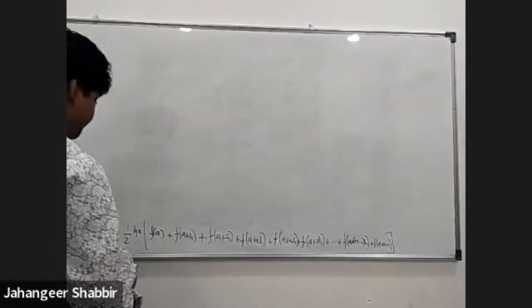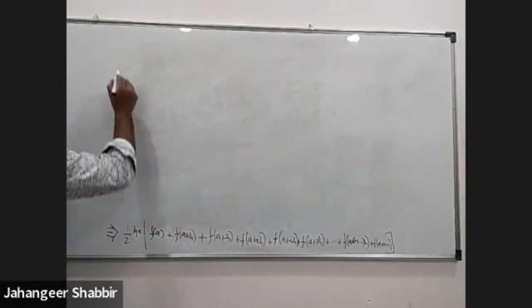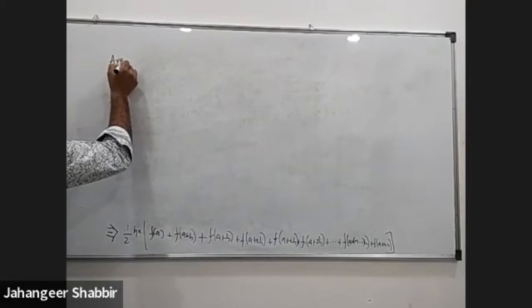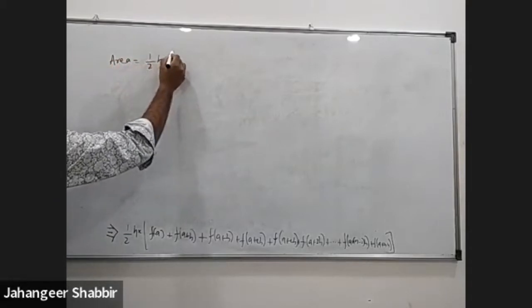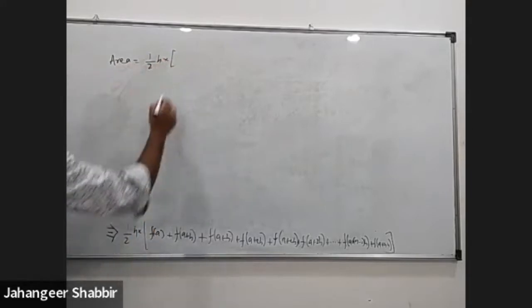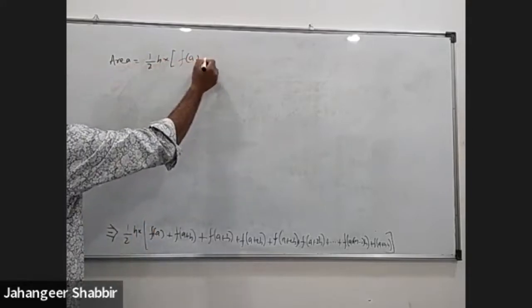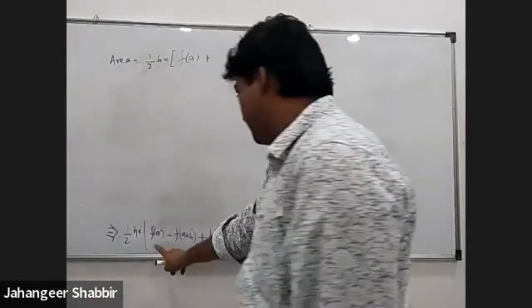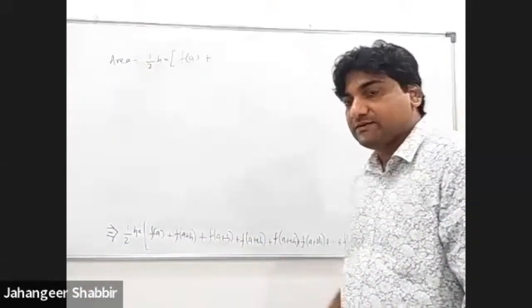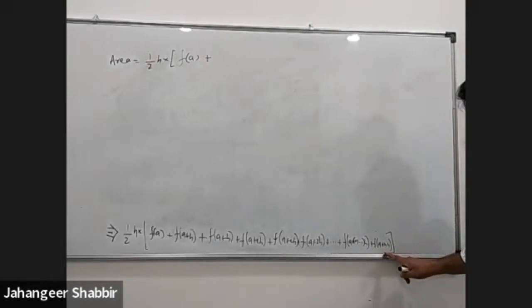So here, please check. Now area equals, I will write 1 over 2 times h, and this is f of a. It came once, so f of a appeared once in this. And if you check f of a plus nh, it also appeared one time.